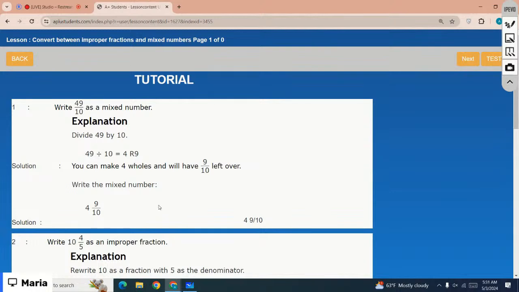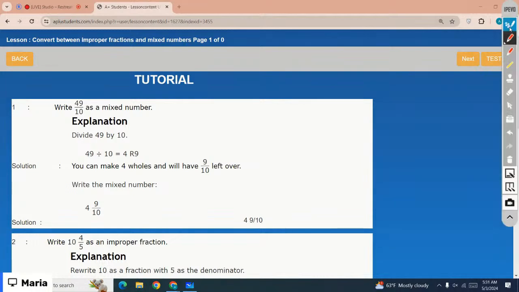Okay, write 49 by 10 as a mixed number. So you have to simply divide 49 by 10. So 10 times what number is 49 or the number that is less than 49? 10 times 4 is 40, right?